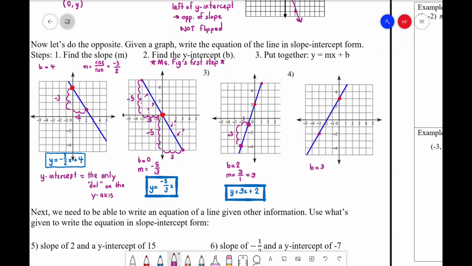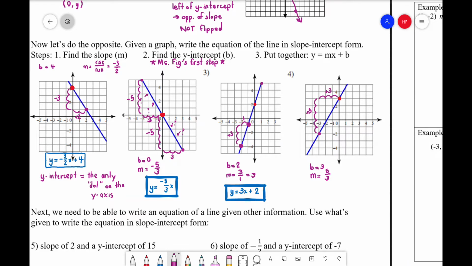So we're going to count up from this point. So 1, 2, 3, 4, 5, and over 1, 2, 3. So our slope goes up 5 and over 3. 5/3 does not simplify.